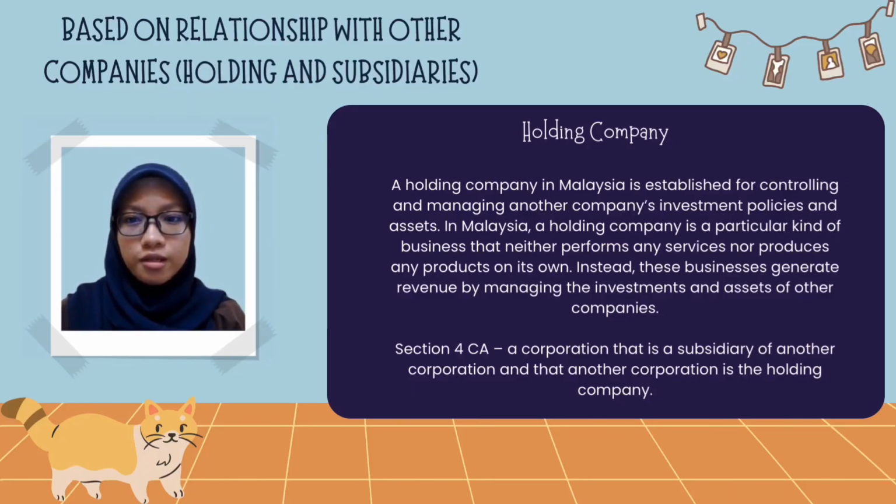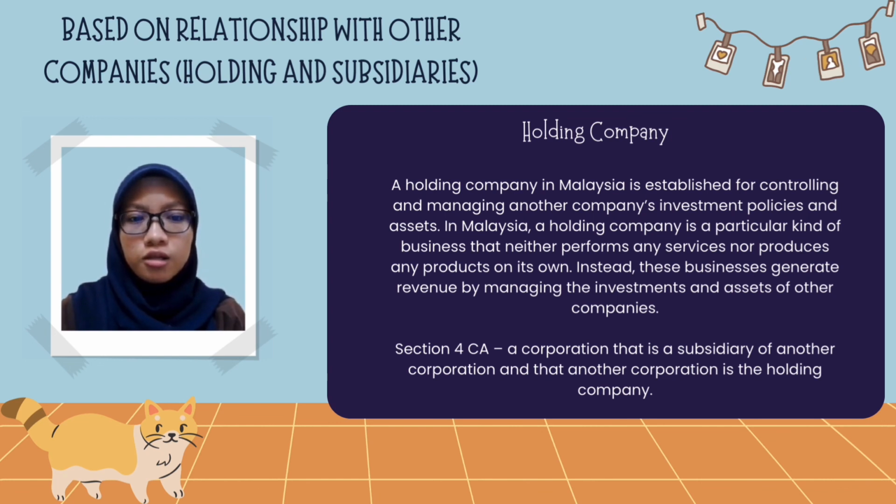Next, I will present about the types of company based on their relationship with other companies, which is holding and subsidiaries. Holding company. A holding company in Malaysia is established for controlling and managing another company's investment policies and assets.